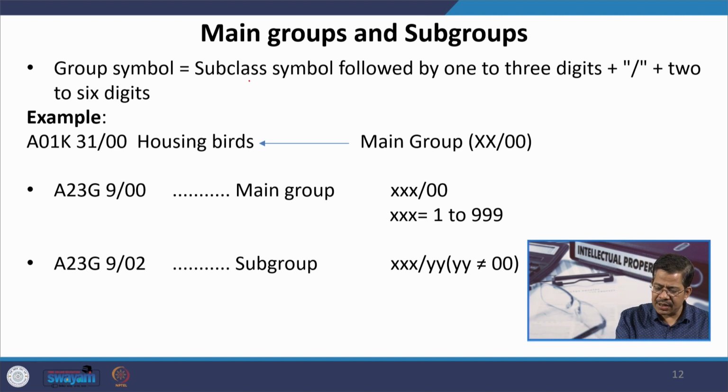So, group symbols is a subclass symbol followed by 1 to 3 digits, an oblique, and then a number, like this 31/00, 9/00, 9/02. These are examples of group and subgroups. So, here you see the main group is like XX/00. This is XX, that is 9, and that is 00.